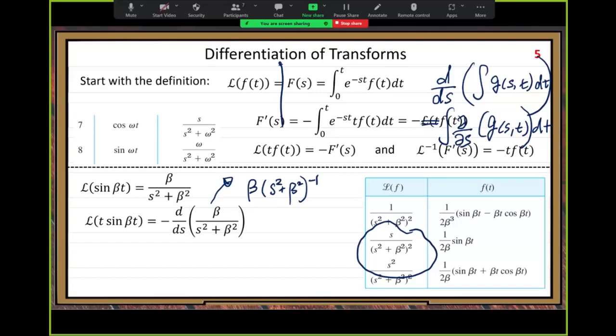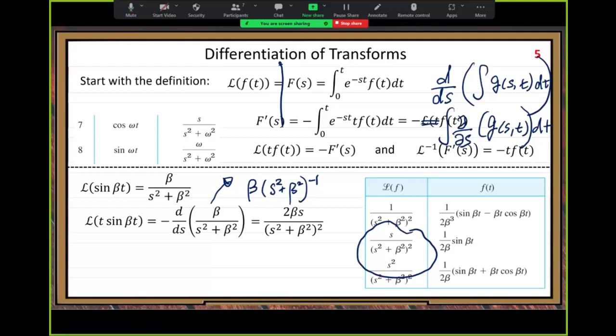Then you apply the chain rule: negative 1 times negative 2, and the chain rule inside gives 2s. The negative 1 cancels out, so it's positive: 2 beta s over the denominator parenthesis squared, (s squared plus beta squared) squared.